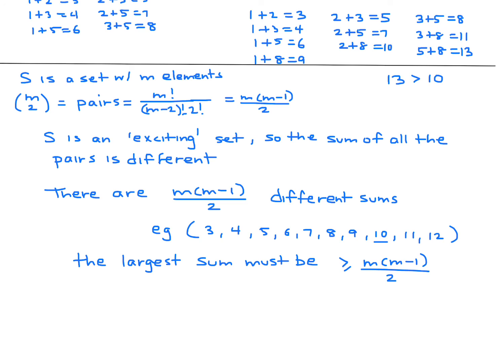Now we have to consider the fact that we have a pair that consists of two numbers, say a plus b. And we have established that this sum, where a plus b represents the largest sum, is always going to be greater than m times (m minus 1) over 2.